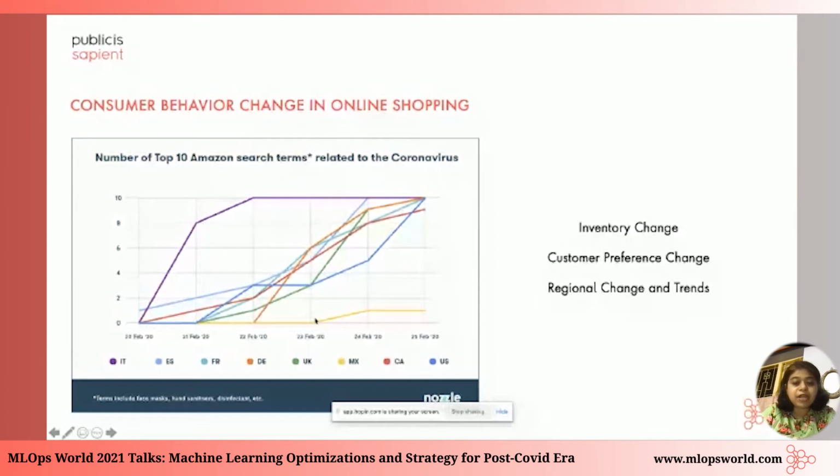But it may be a little bit slower in Mexico. But the trend remains the same. People are not looking around fashion items, or they're not buying furniture in online mode. They are looking at these items, and this leads to a total shift in the paradigm of supply chain or inventory change, customer preference change, as well as regional change and trends.